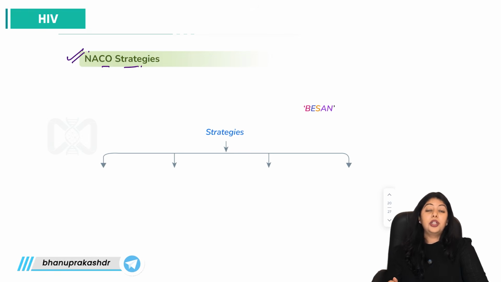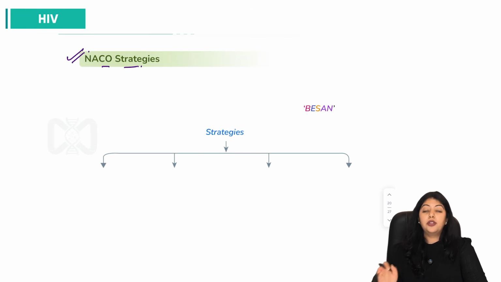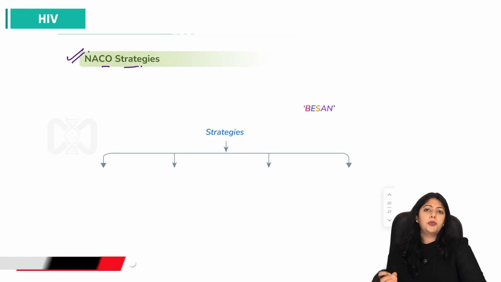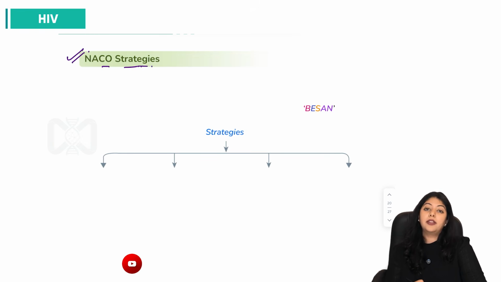So they use certain rapid tests in order to confirm the diagnosis, and they reduce the use of these expensive tests, so that in certain resource poor countries, where it is not always possible to provide these expensive tests, not everybody gets tested with them. So that is why NACO devised certain strategies for screening of the patients, right?